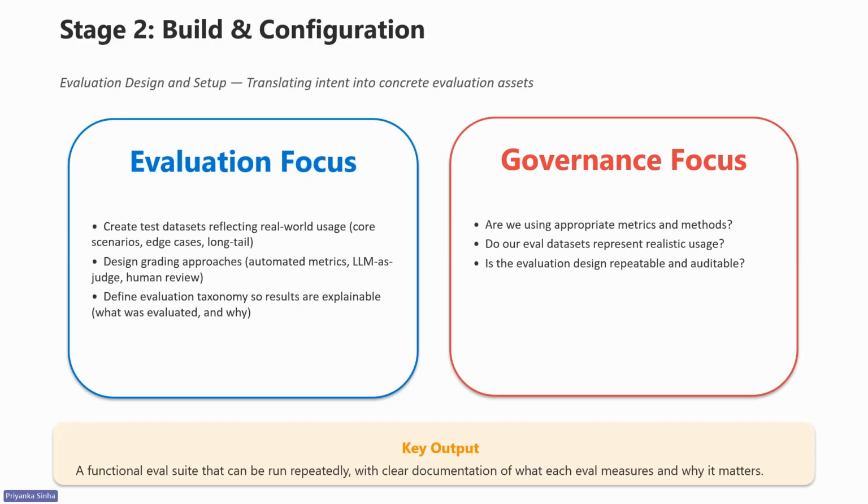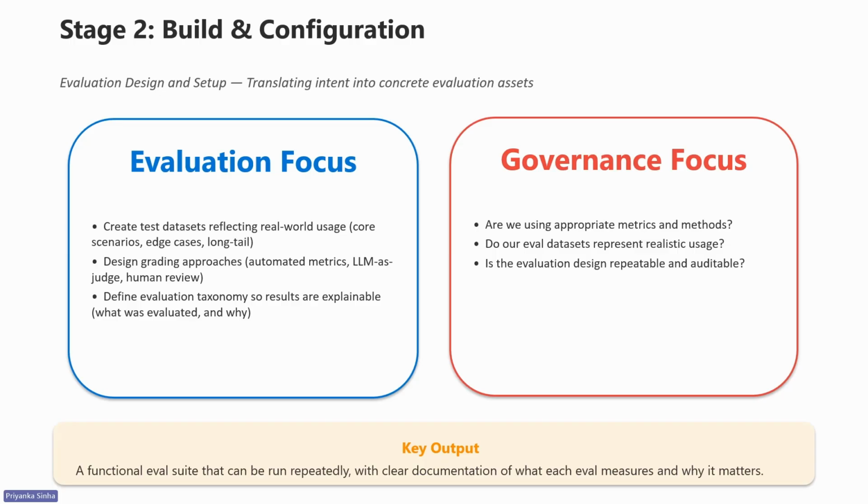Now, moving to stage two, which aligns with the implement phase, and it's all about translating your evaluation into concrete and executable evaluation asset. The question we are asking is, are we building the right evaluation to validate this agent? So, from the evaluation standpoint, this is where the real work happens.